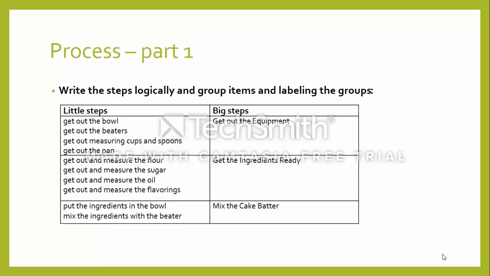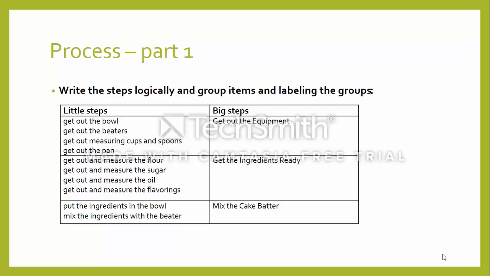Again, that is, in a nutshell, getting the ingredients ready. Then in the next section, we've got put the ingredients in a bowl and mix the ingredients with a beater. So you're mixing the cake batter. If you notice, these are grouping the same thing, so it's in an outline form so that you can write your essay with that logical format.